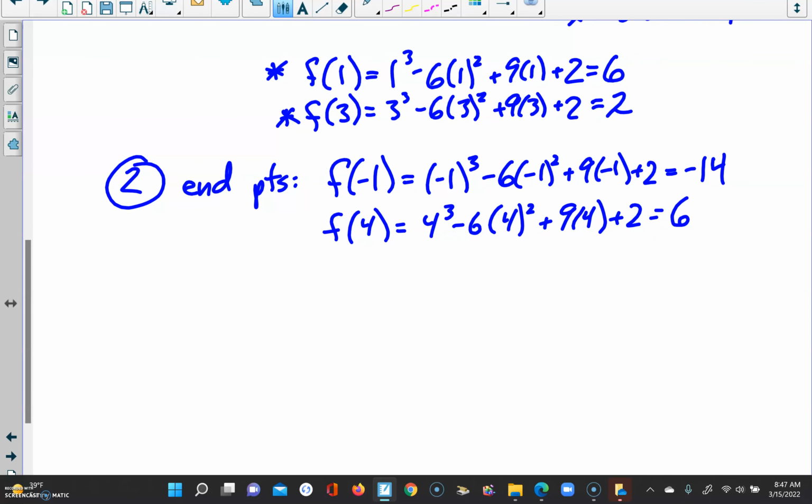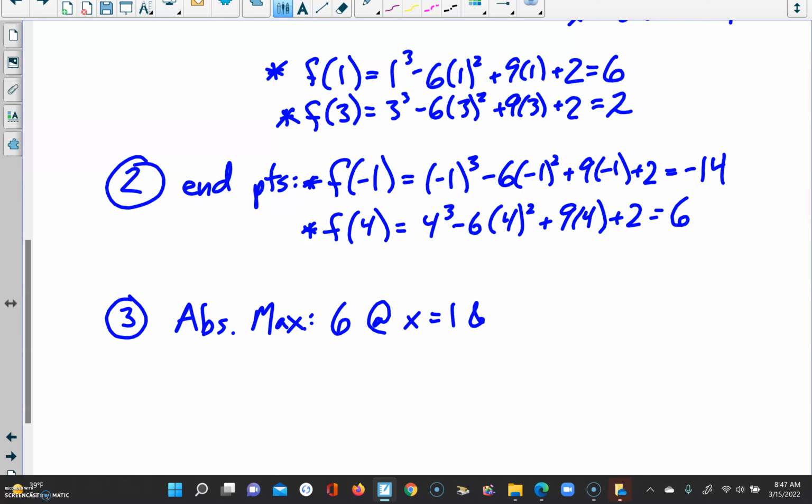And then in step 3, you just make a comparison of all these y values that you got from your critical points and from the endpoints, and you find that the absolute max in this case, the highest value that we got was 6 for the y values, and there were actually 2 places, so the absolute max was 6 at x equals 1 and 4.